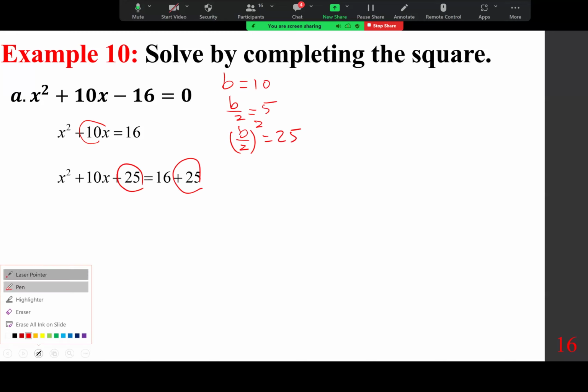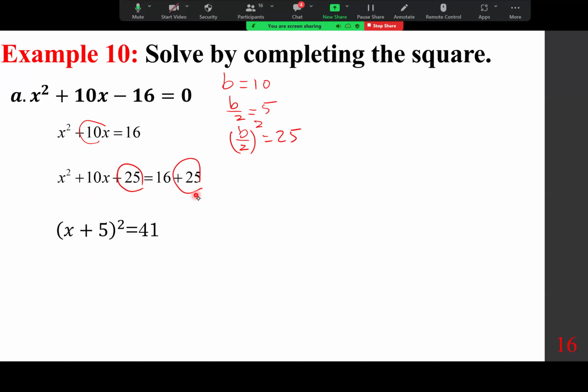The variable happened to be x, and b over 2, including the sign. So (x + 5)², and the right side, 16 and 25 add up to 41. So x + 5 is plus or minus the square root of 41, and moving the 5, x = -5 plus or minus the square root of 41. Pretty straightforward, everybody.